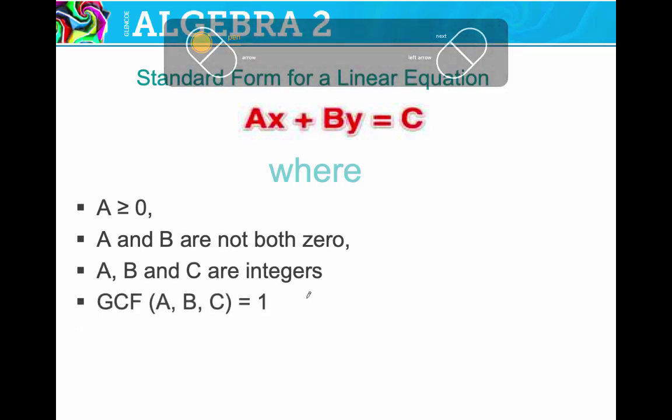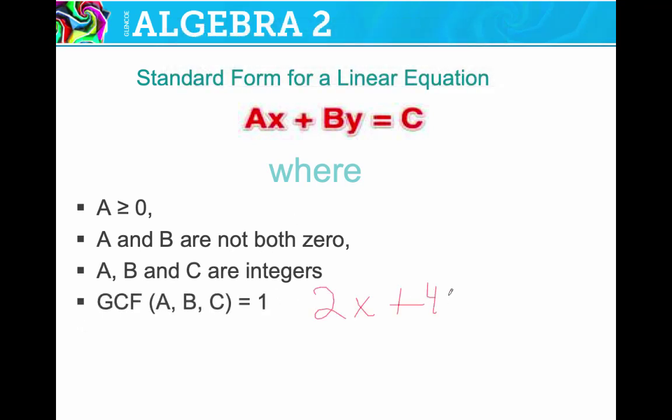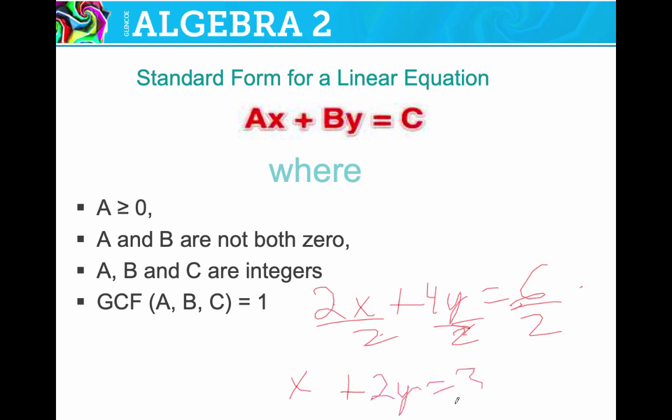If I had 2x plus 4y equals 6, the greatest common factor would be 2, and they all can be divided by 2, and you would simplify to x plus 2y equals 3. So that's what it means to be reduced. A's got to be positive, A and B can't be 0, they've got to be whole numbers and integers, and they need to be reduced.